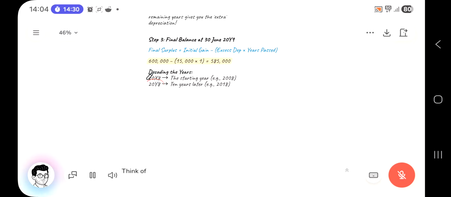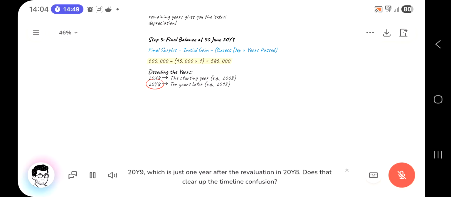Think of X as the first decade and Y as the next decade. So going from 20X8 to 20Y8 is exactly 10 years. Then, the final question asks for 20Y9, which is just 1 year after the revaluation in 20Y8. Does that clear up the timeline confusion?